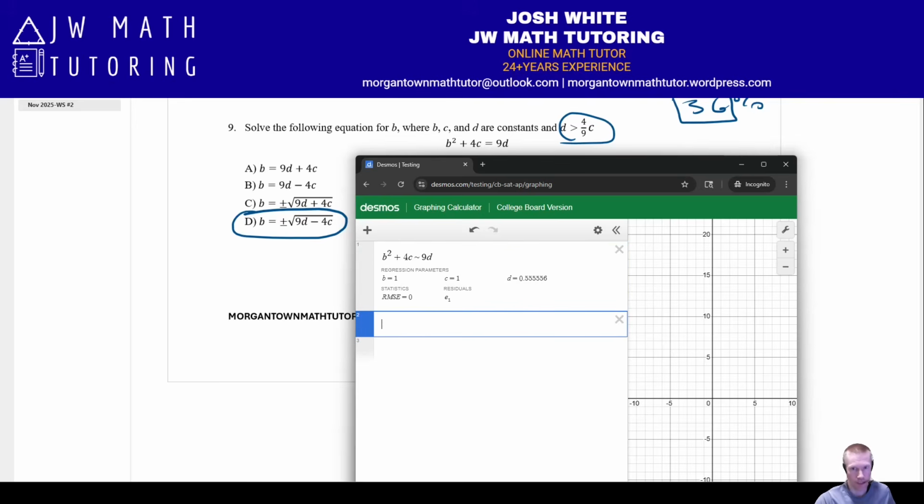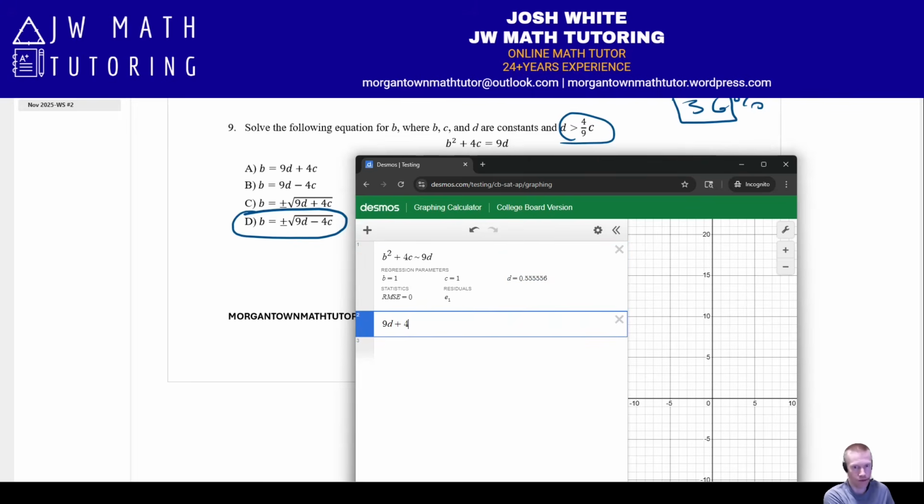Now, if you want to check that everything meets the given conditions, you can do 4/9 times C, and I can check, is this number less than D? In other words, is the D value, which is 0.5 repeating, greater than this 4/9 C, which is 0.4 repeating? The answer is yes. So the numbers it chose are fine for the conditions of the problem.